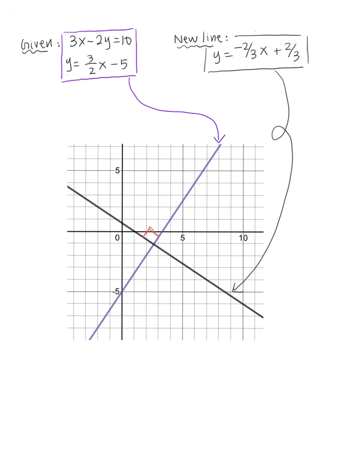So that's what you just computed. Given 3x minus 2y equals 10, that's this line right here. You wanted to come up with the new line that's perpendicular to it. And this line is denoted by y equals negative 2/3 x plus 2/3.